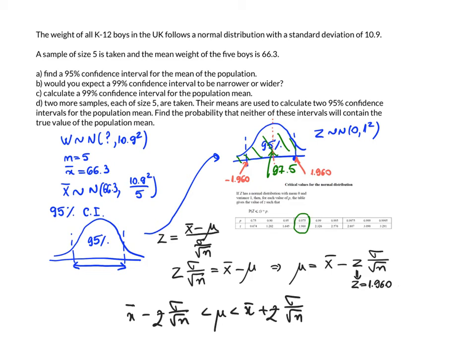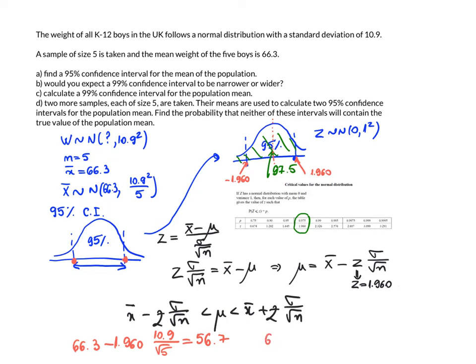And these are exactly these values here. So the left value will be x bar, 66.3, minus 1.960 times 10.9 over square root of 5. And if I use my calculator, I get 56.7, exactly the number we got on the previous page. So this will be the left bound of the confidence interval.